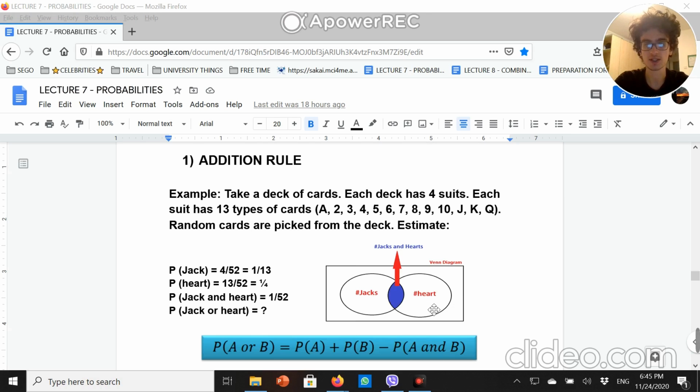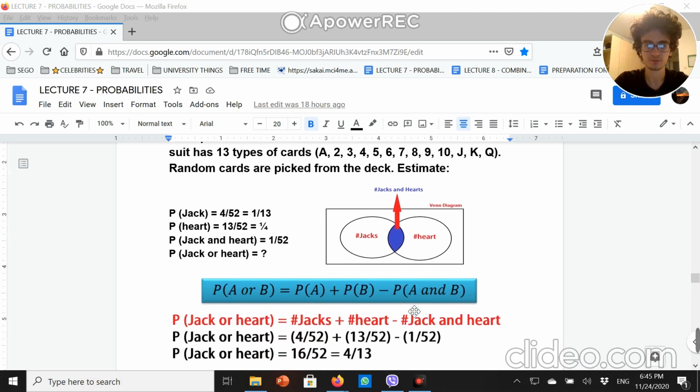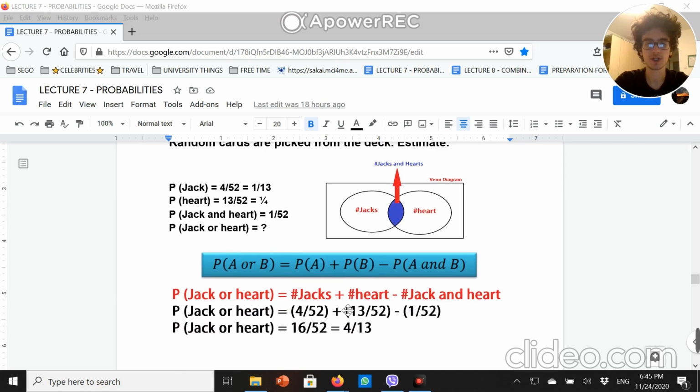So here are jacks, here are hearts, and here is their intersection, the jack of hearts. How would we now calculate this? Well, easy. The number of jacks plus the number of hearts minus the number of jacks of hearts, meaning 4 over 52 plus 13 over 52 minus 1 over 52, gives us 16 over 52, which is equal to 4 over 13.